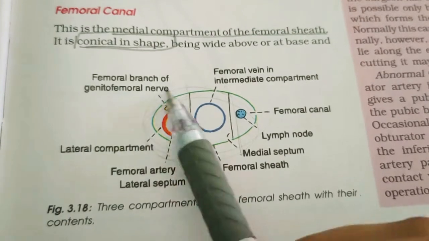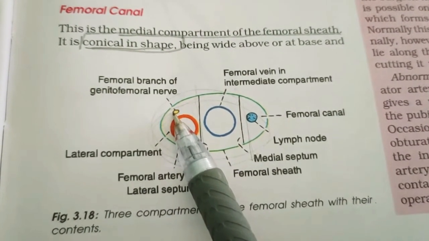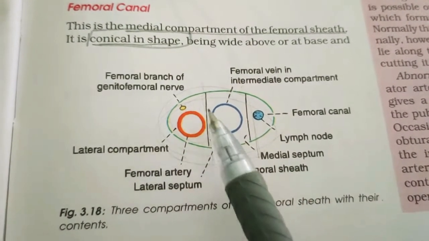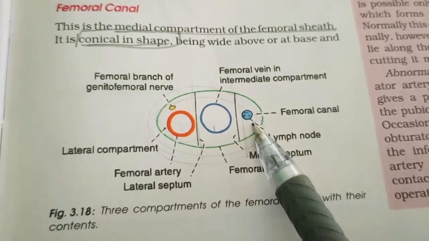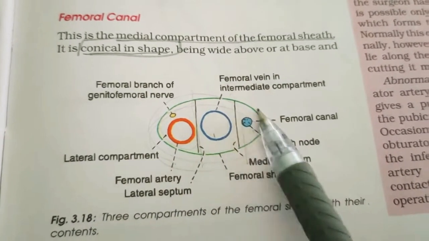The lateral most compartment has the femoral artery, and also the femoral branch of the genitofemoral nerve. Next, the intermediate or venous compartment contains the femoral vein. And the medial or lymphatic compartment is the smallest, and it's known as the femoral canal. So this is the femoral canal.